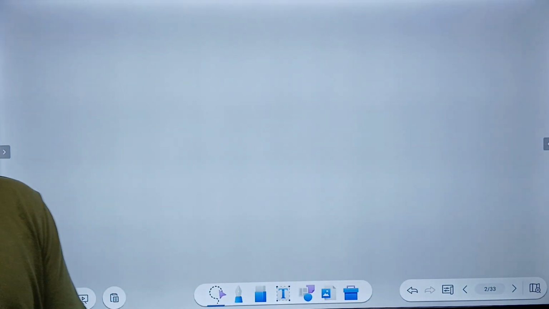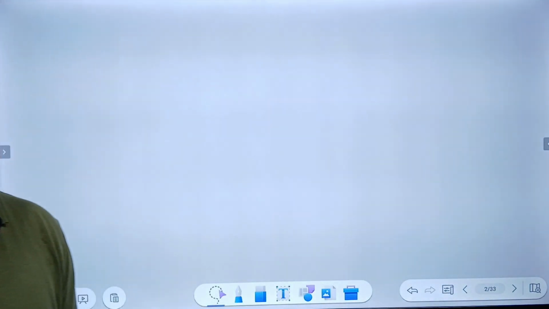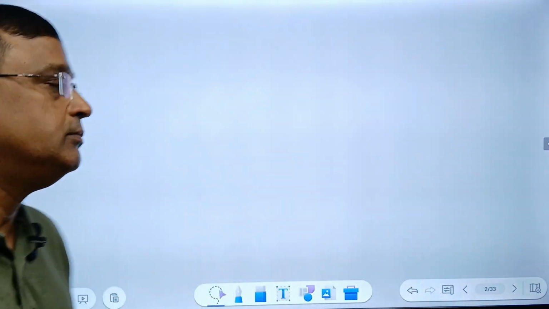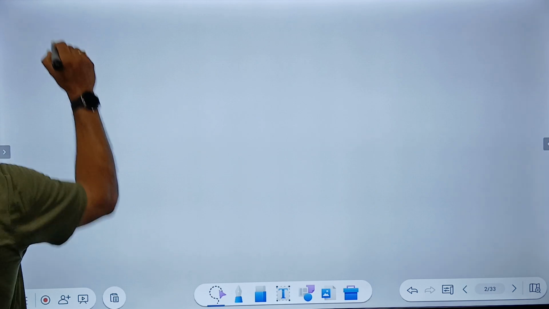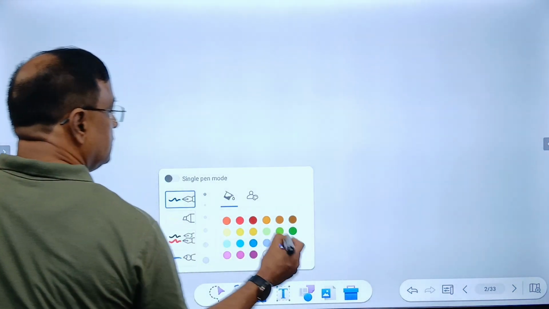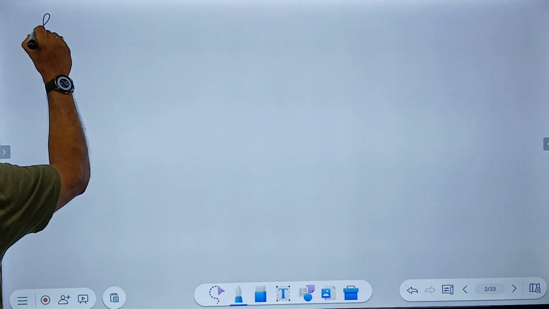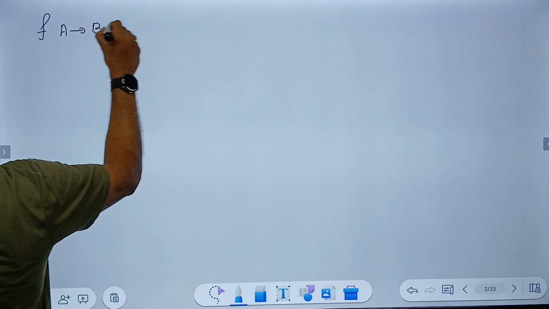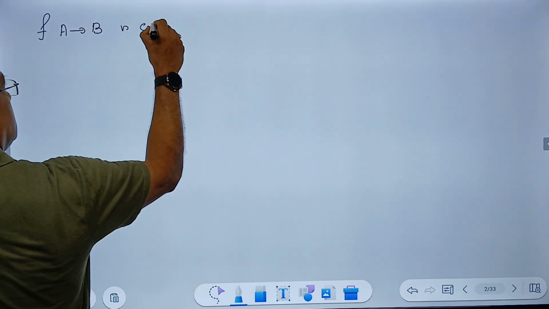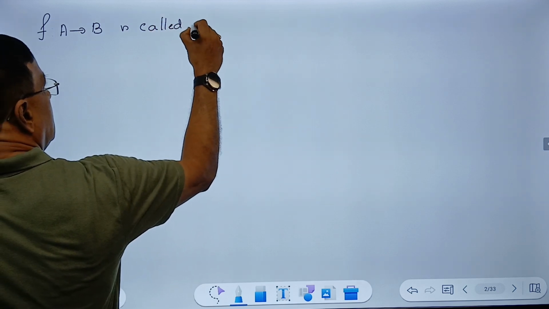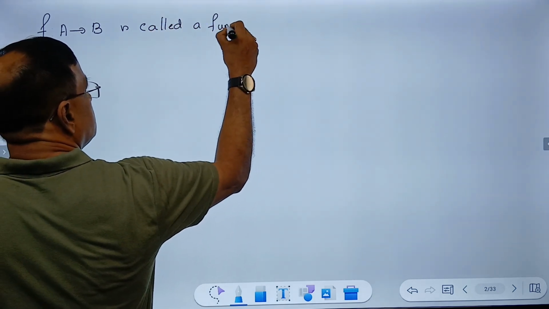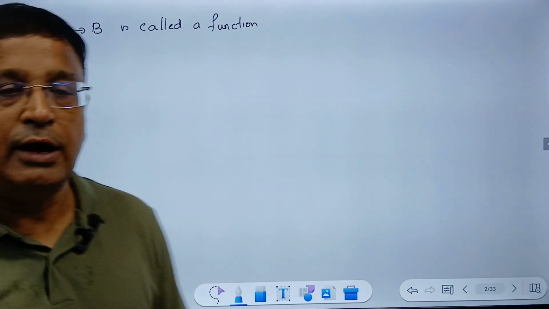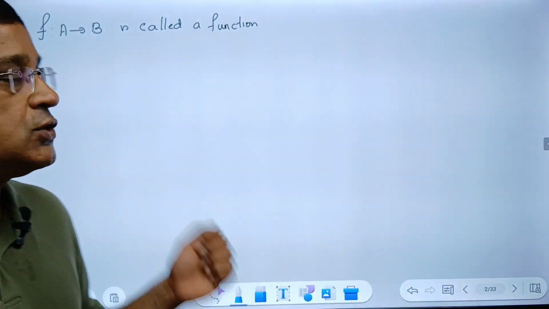So what is the definition of a function, or what is the connection between a relation and why it is called relations and function? A relation F from A to B is called a function. Remember, a function is a relation. A relation F from A to B is called a function.